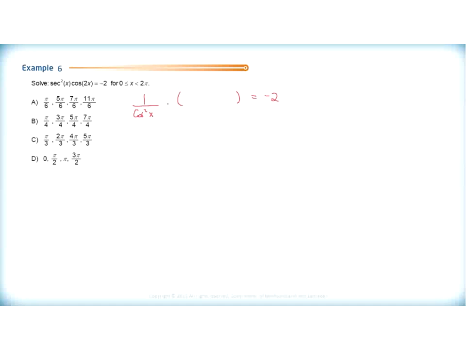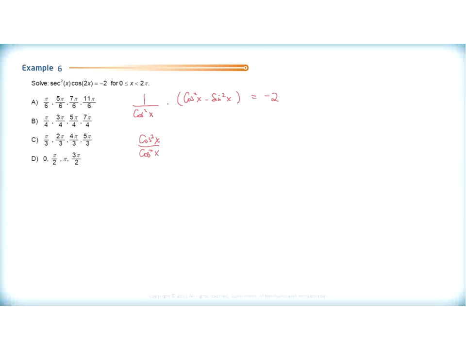Let's see. Secant squared x. Well, I think you'll agree that I need to rewrite that as 1 over cosine squared x times cosine 2x. Now I'm going to replace my cosine 2x with one of three possibilities. I don't know if it really matters which one we plug in here; I think it'll still work out to give us the same answer. I'm going to use cosine squared minus sine squared.